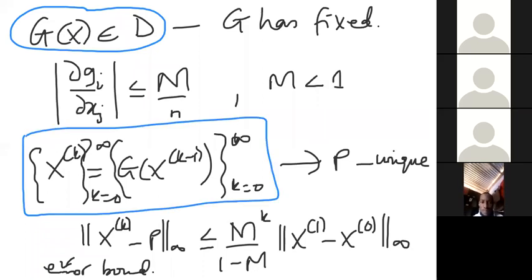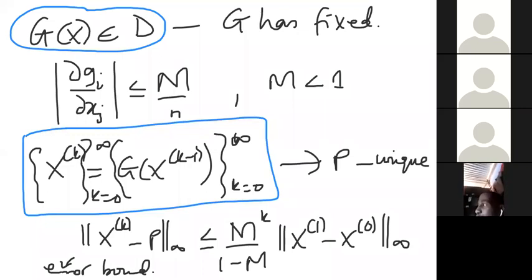And if the partial derivatives of each gi with respect to xj are less than or equal to m over n, where m is some constant less than 1, then that fixed point is unique. So that's what this theorem says, and like I mentioned, it is just a generalization of the one variable case.